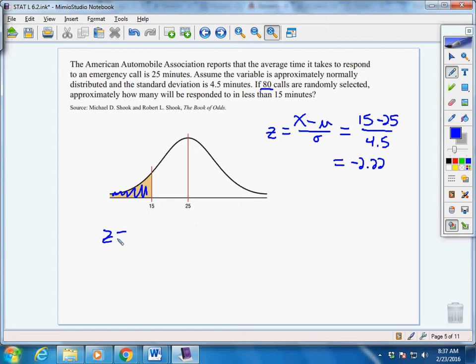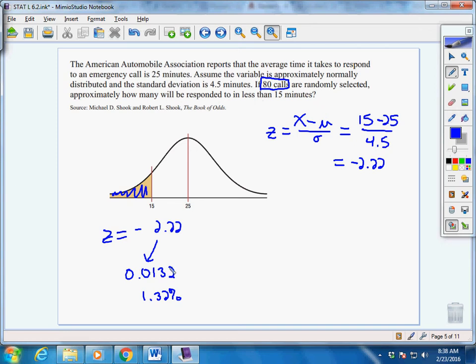So if our z-score is negative 2.22, we can look in our chart, and that's going to correspond to 0.0132, which is basically 1.32% of the emergency calls that are going to be responded to in less than 15 minutes. But you have to take this one step further. Remember I said we're going to come back to this 80 calls. It's giving us a number. It's not saying a percentage. It wants to know exactly how many.